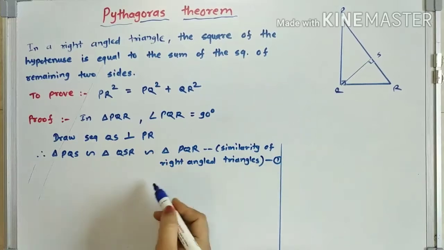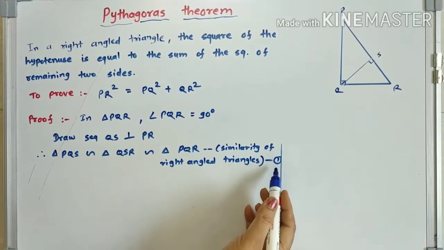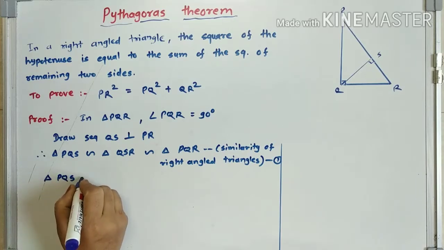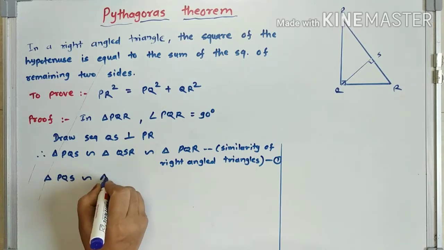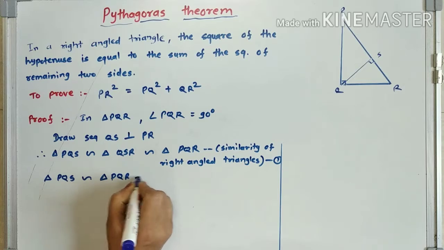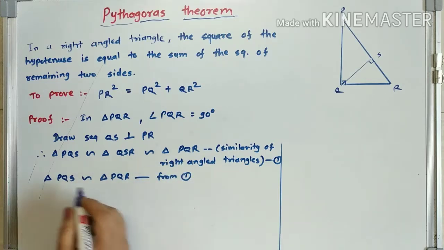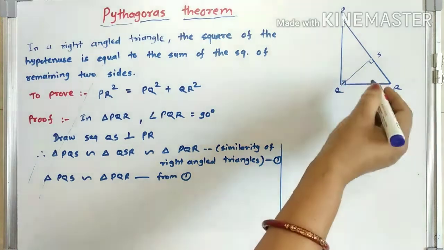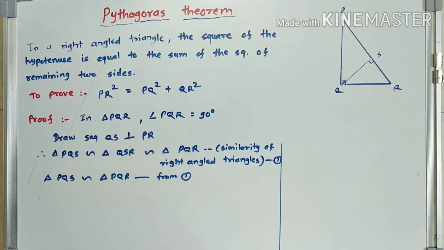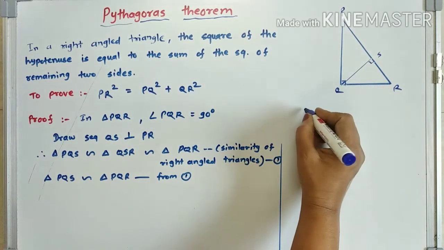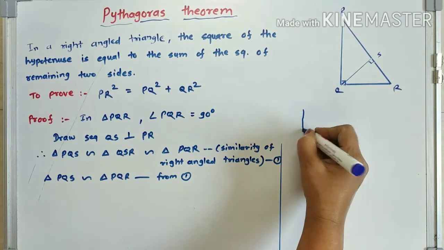By similarity of right angle triangles, this is 1. Now we can write triangle PQS similar to the original triangle PQR from 1. If triangles are similar, their corresponding sides are in proportion. I will separate these two triangles for our convenience.